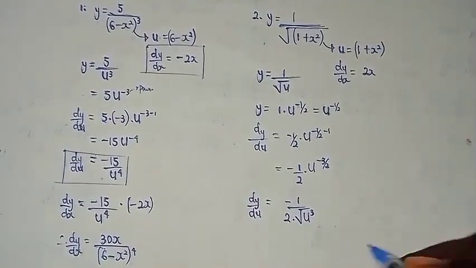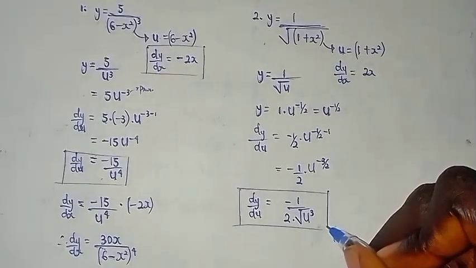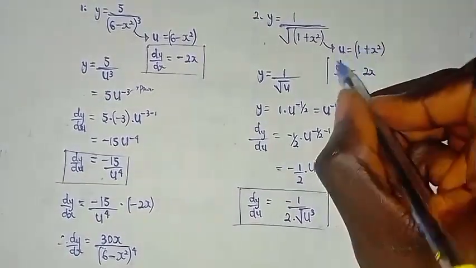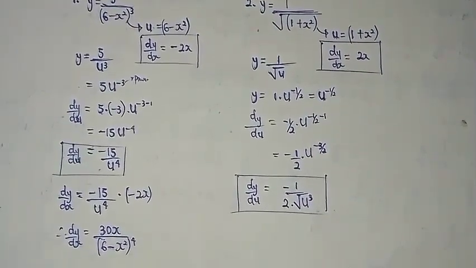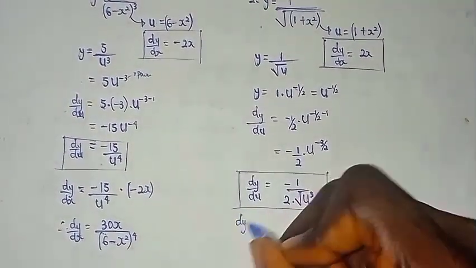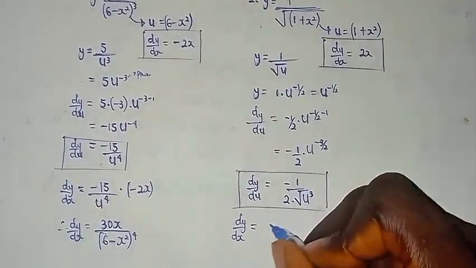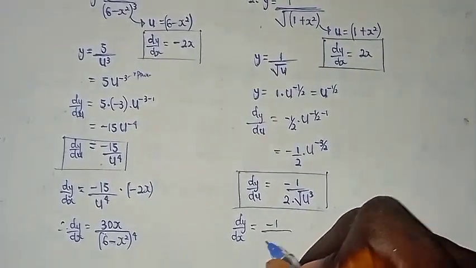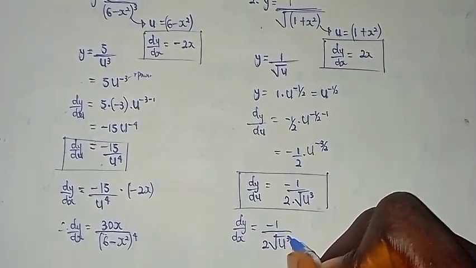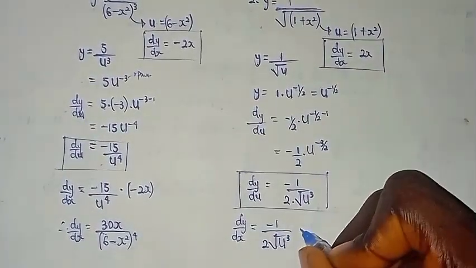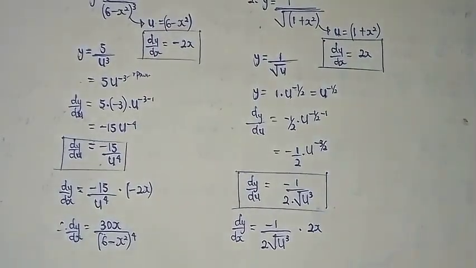So this is our dy over du, and this is our du over dx. So our dy over dx becomes dy over du, minus 1 over 2 u to the power 3, multiplied by du over dx, which is 2x.